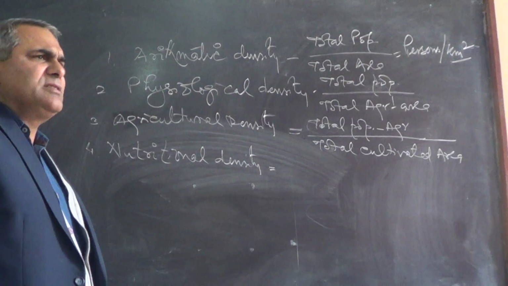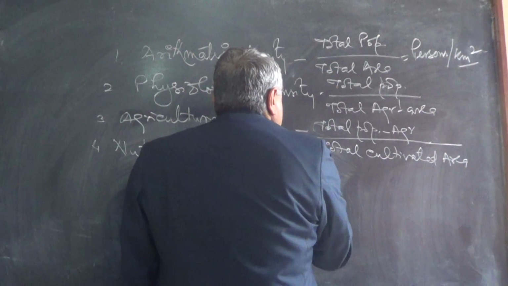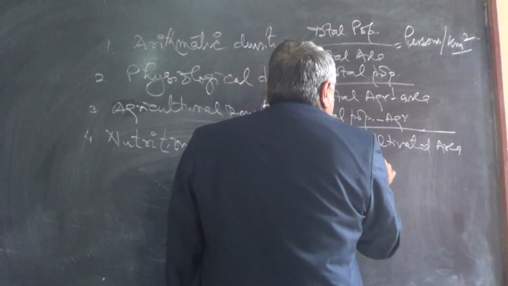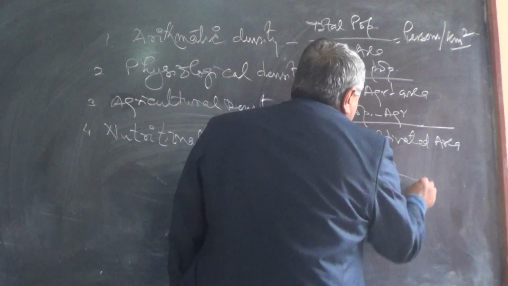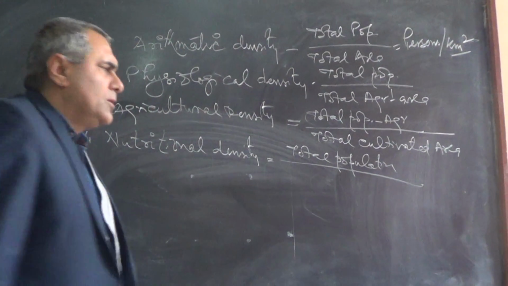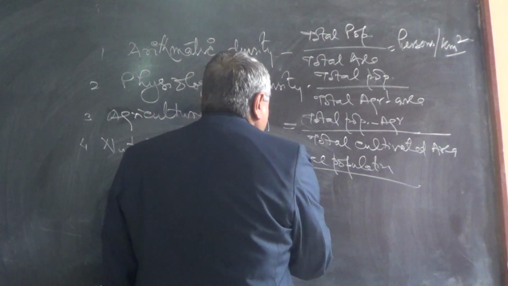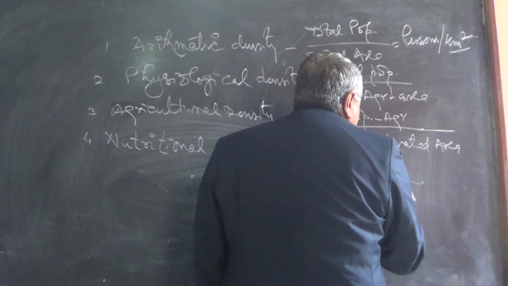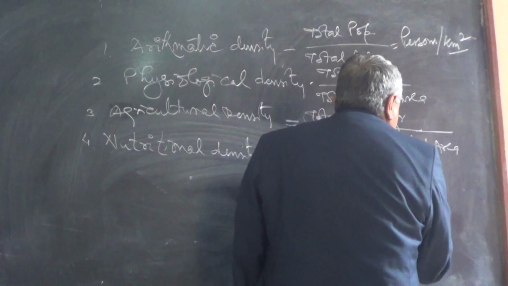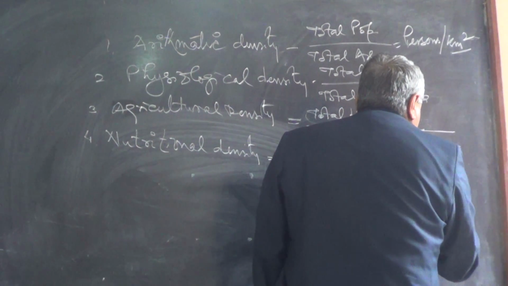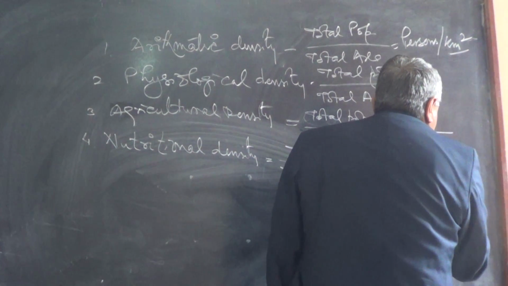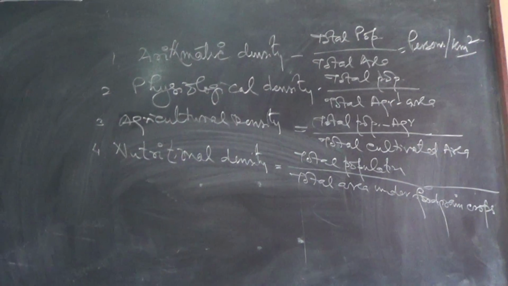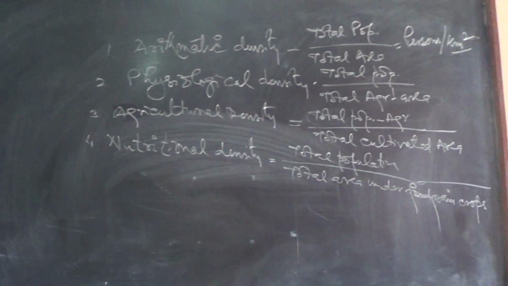Nutritional density means total population divided by total area under food grain crops. So this is the nutritional density we sometimes use.